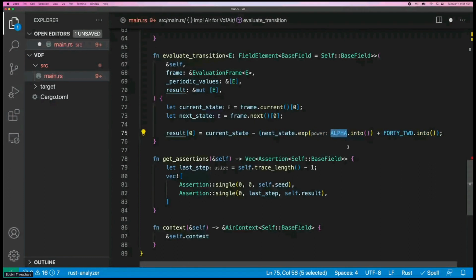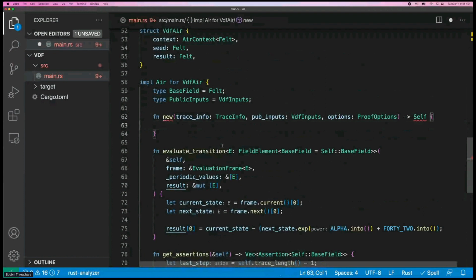So this is our transition constraint, and the only thing left for the air is to create the actual struct. One of the things that we need to do is create the air context. Let me do this.